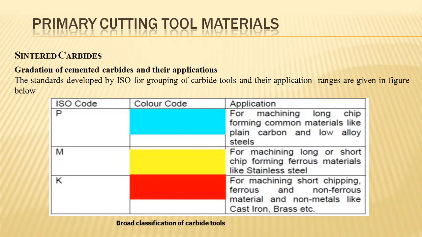It is used for machining with long chip formation, for plain carbon and low alloy steels. M is a yellow color for machining long and short chip formation of ferrous materials such as stainless steels. K is a red color utilized for machining short chipping ferrous and non-ferrous materials and non-metals like cast iron and brass, etc.